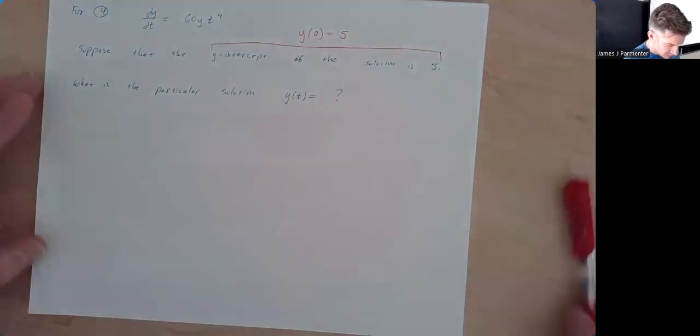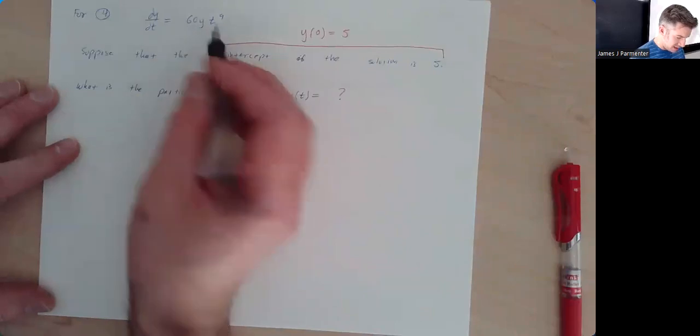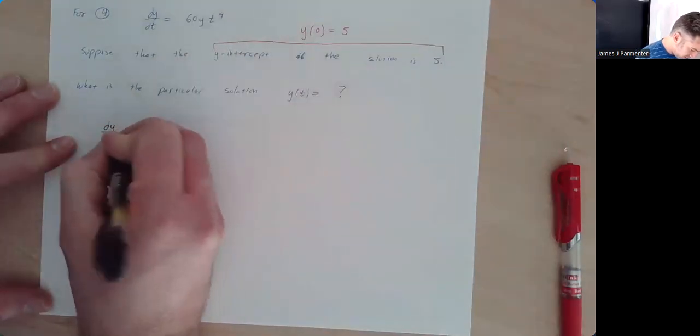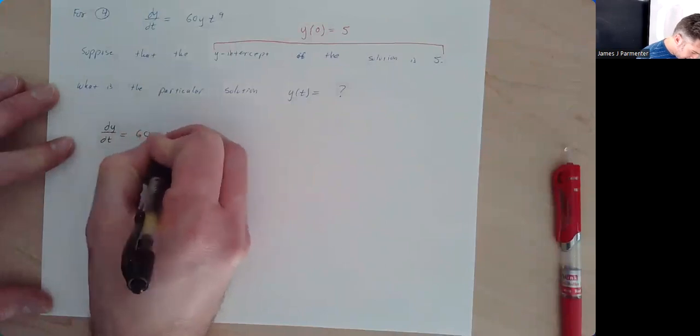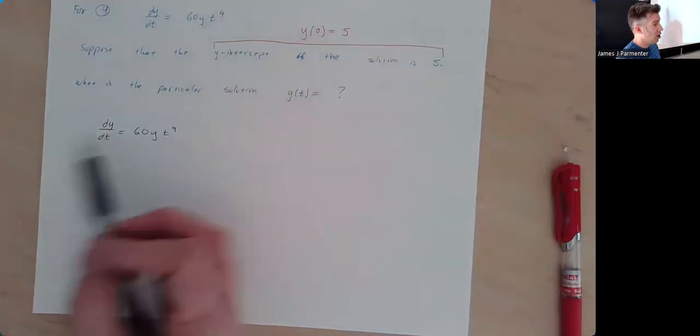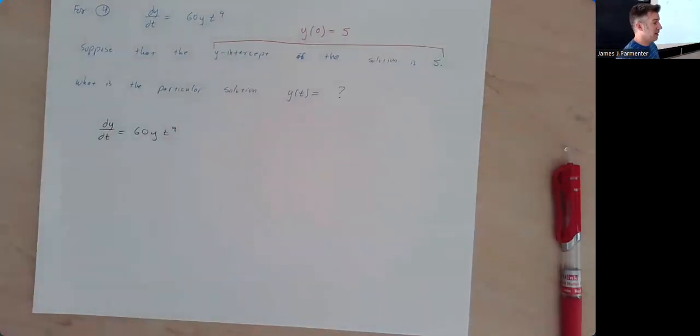Okay. So if we're solving dy dt equal to 60 times y times t to the 9th, we already observed before that was separable. I'm going to point out again, just because I think it's good to know, what's the function here? Is it y or is it t? Right. I mean, your gut would be y. Y is usually fine. Rarely will y be the independent variable, although it certainly could be. But whenever I'm thinking about it, I'm just looking at my derivative and saying whatever variable is on top is my function.